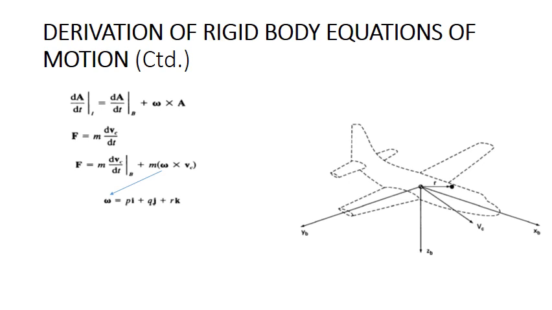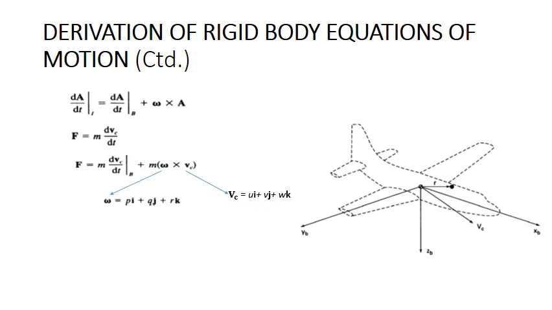And Vc equals u in the direction of i, v in the direction of j, w in the direction of k. So this is the linear velocity vector with respect to the body axis.